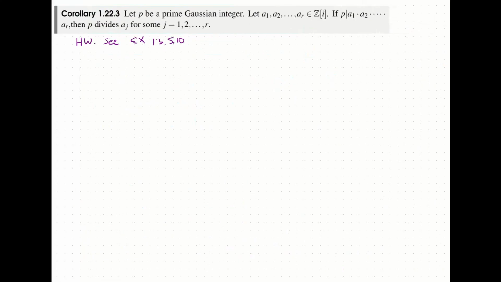And then for homework, you're going to do the extension of this result. Specifically, if we have a Gaussian integer that is a prime, namely p, and we have that a1, a2, all the way through ar, are Gaussian integers, and p divides the product of a1, a2, all the way through ar, then p divides aj for some j equal to 1, 2, all the way to r.